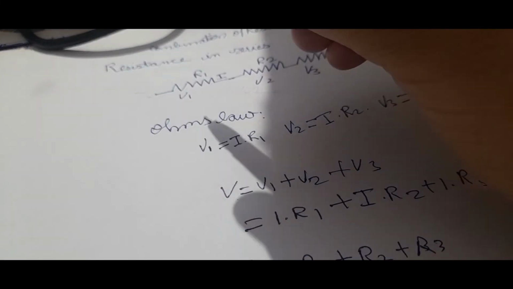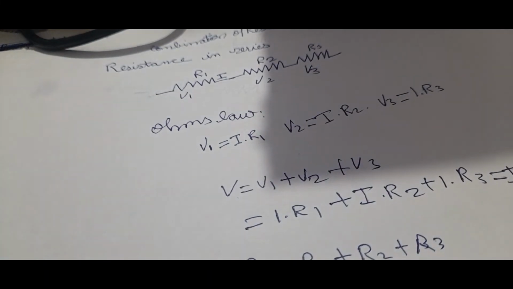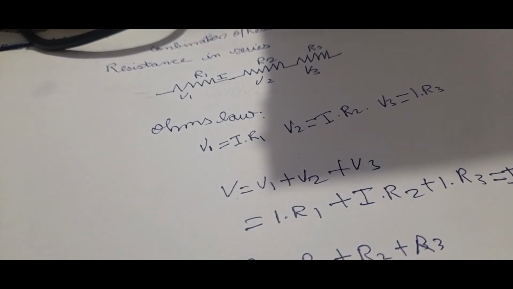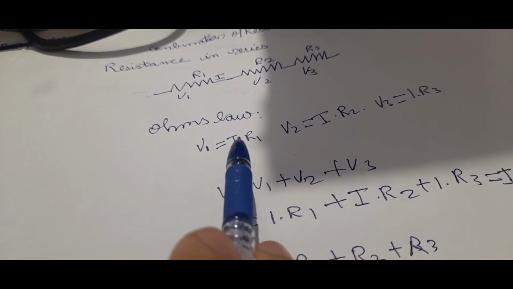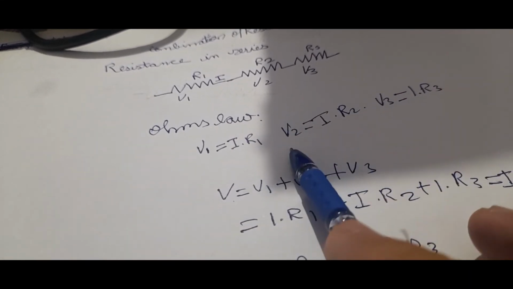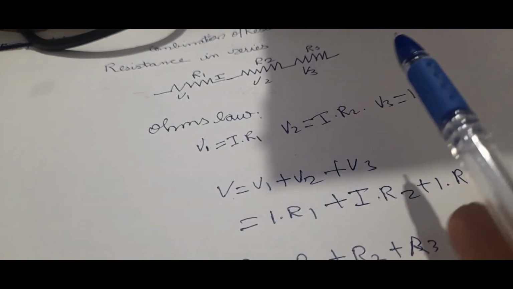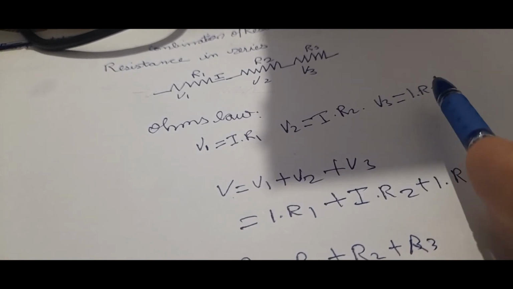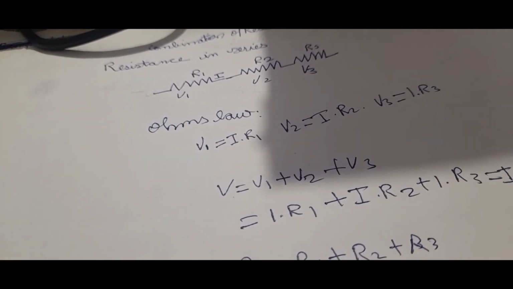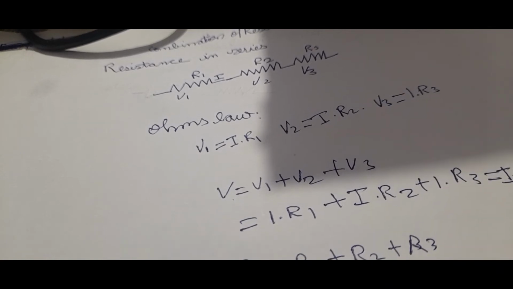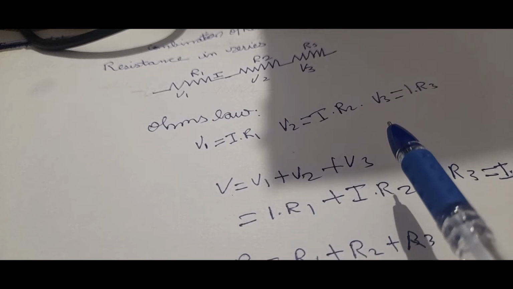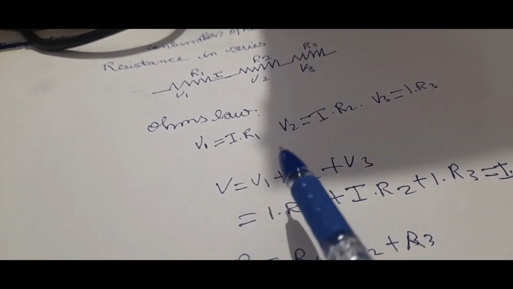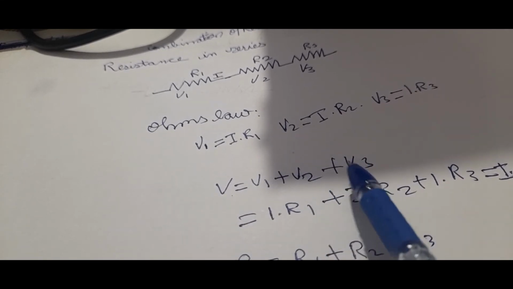Now V1 equals I into R1, V2 equals I into R2, and V3 equals I into R3. Now V equals V1 plus V2 plus V3.